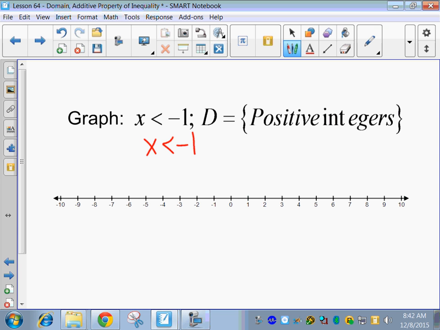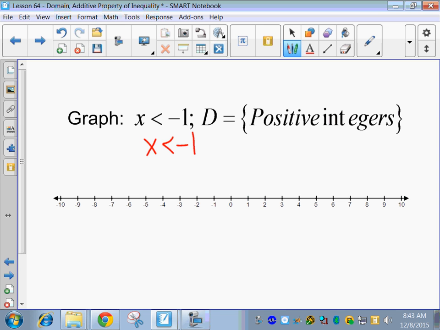Give me an example of a number that's less than negative 1. Negative 2, negative 3, negative 4, negative 5, negative 6, negative 7, right? And all those lovely guys. But what does our domain say? Positive integers. So it has to be true for both. So what is our solution here?